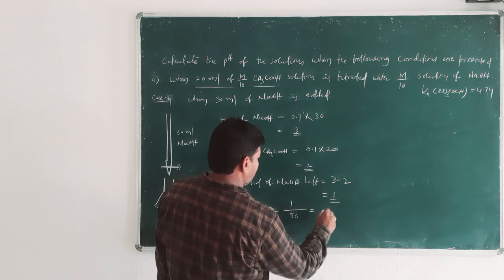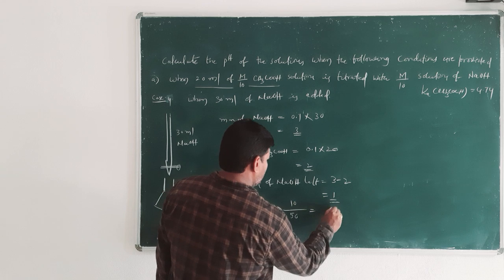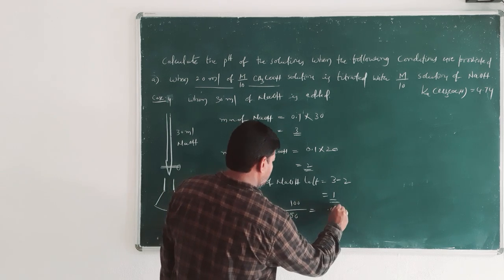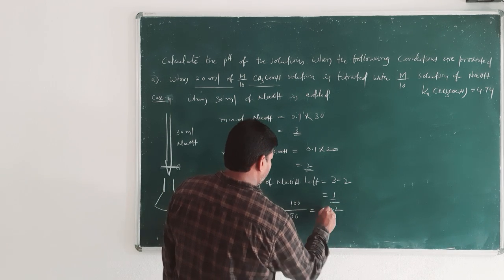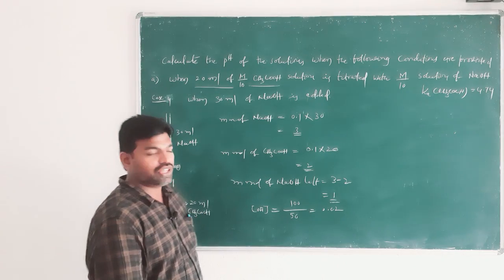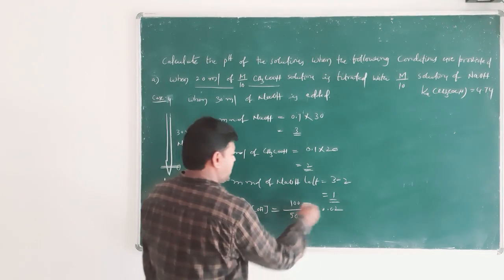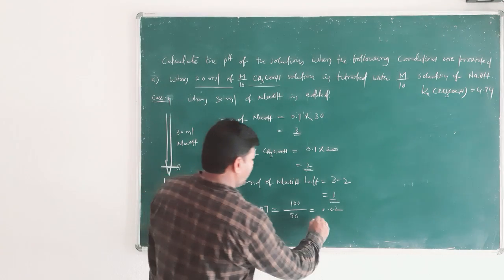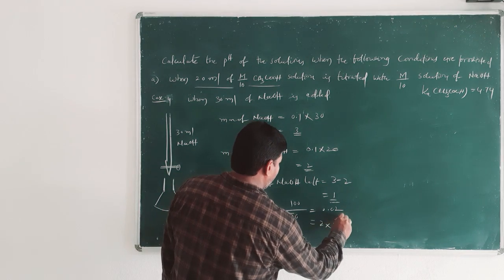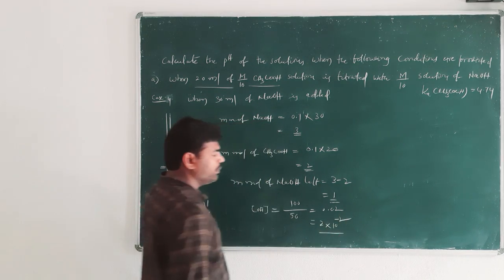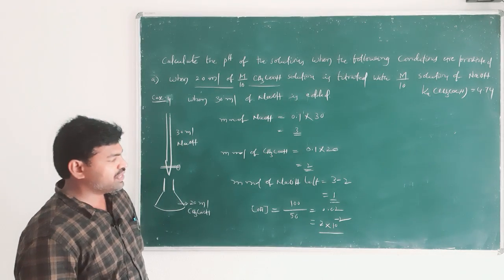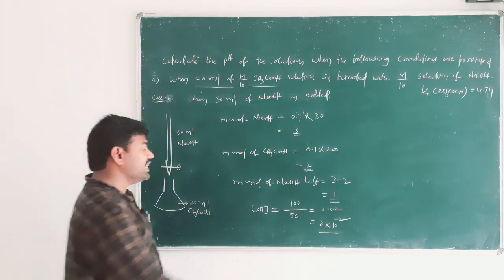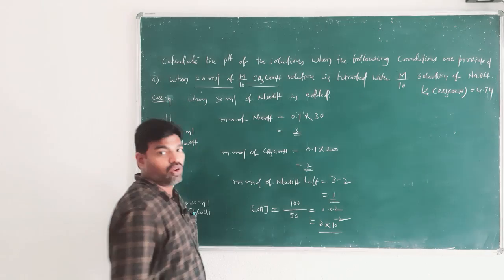I can write this as 0.02, okay, so we can write 2 into 10 power minus 2. So, the concentration of OH minus is 2 into 10 power minus 2.